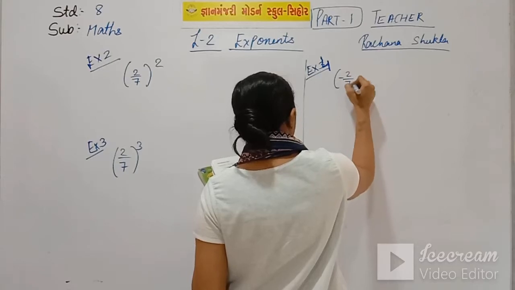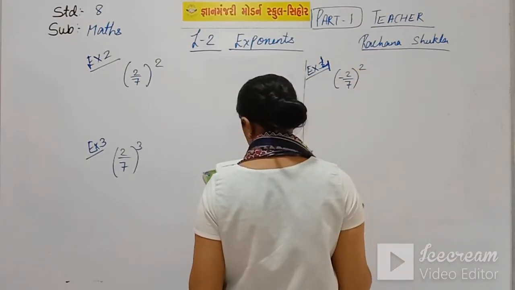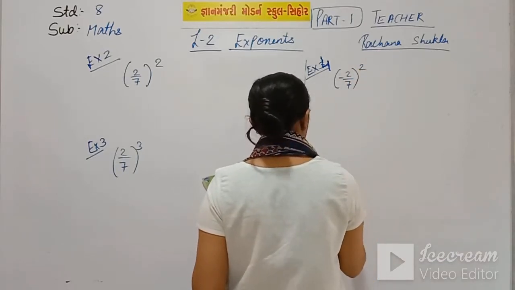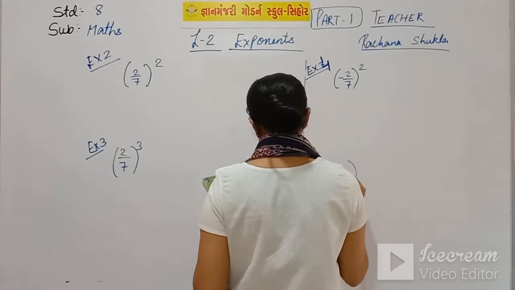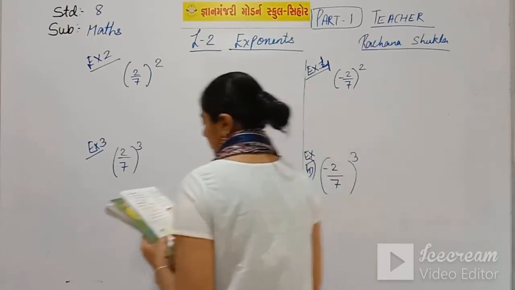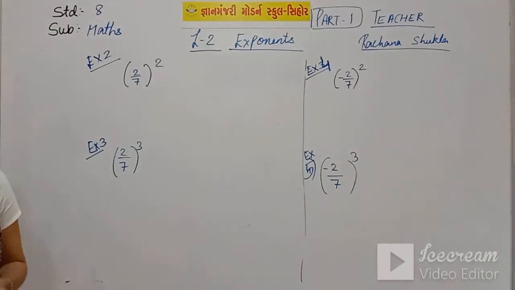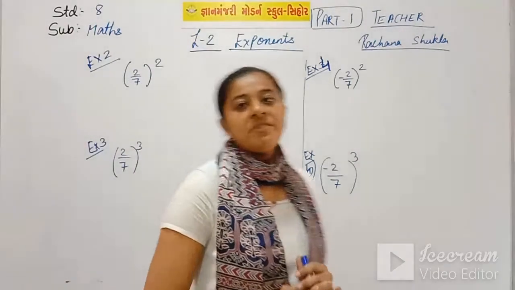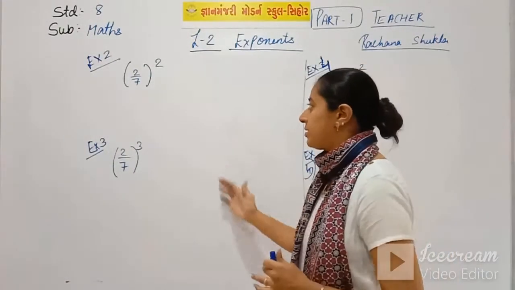Example 4 is minus 2 upon 7 square and example 5 is minus 2 upon 7 cube. Now, we will see how to solve these sums.